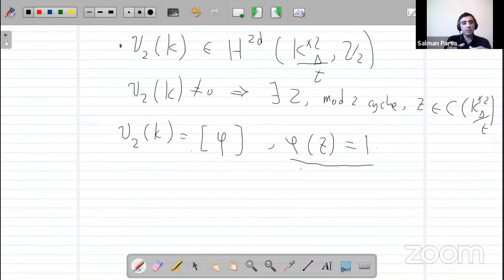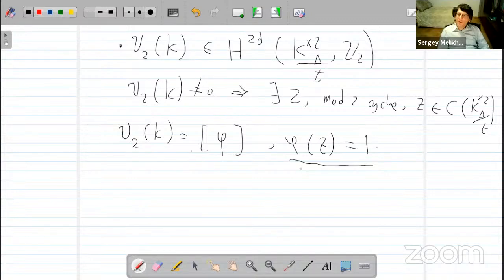So if there is a chain in the quotient, then there will be a chain which corresponds to this up there. But then you need an extra condition about the fundamental group, I think. So you need to fix a homomorphism from the fundamental group of this cycle Z into Z mod 2, and this homomorphism should commute with the embedding.